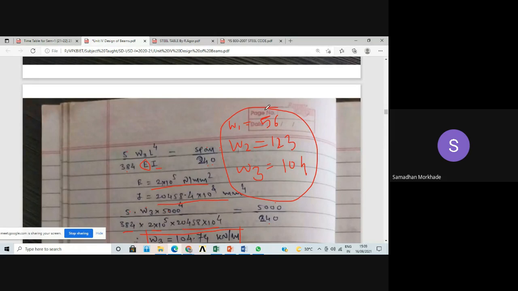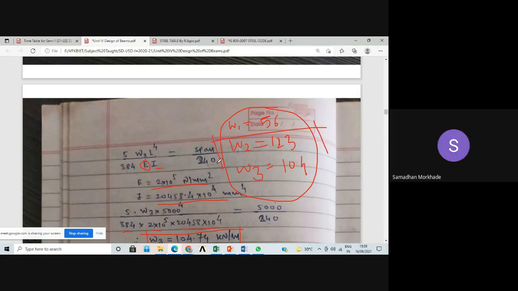Anyone? आपल्याला विचारलं काय होतं, largest load the beam can carry. किती आहे largest load? 3 व्हॅल्यू पडल्या, W1 W2 W3. 56, 123, 104. कोणी पण सांगा मला, एक पण. चला लवकर conclude करायचं आहे. लोड सांगा मला, 3 पैकी largest load कुठलं असेल? 56 असेल, 123 असेल का 104 असेल? W2. Yes. That's why I have to share.